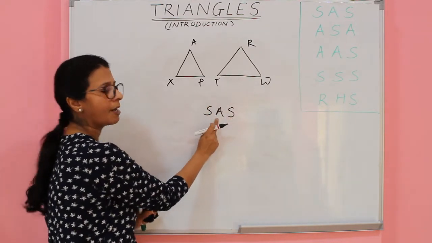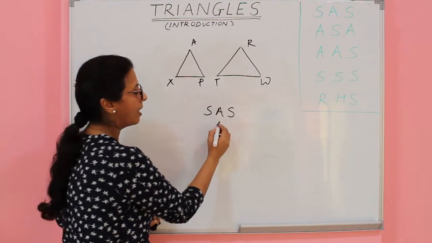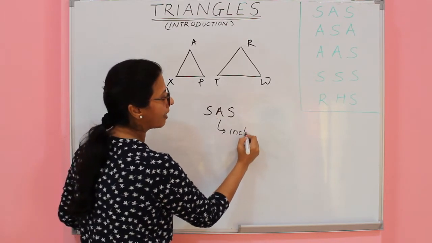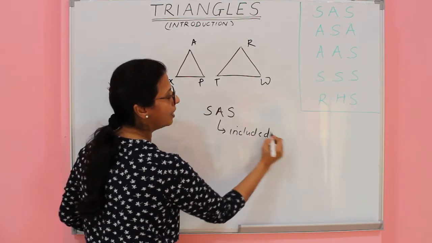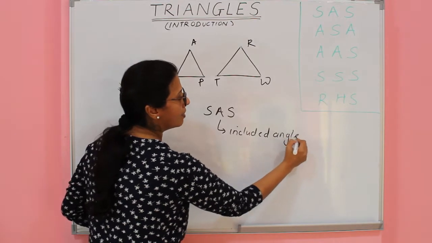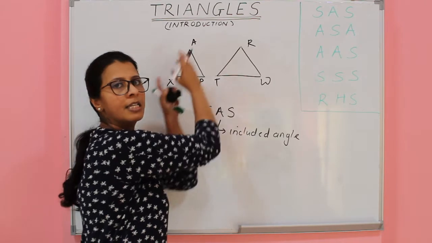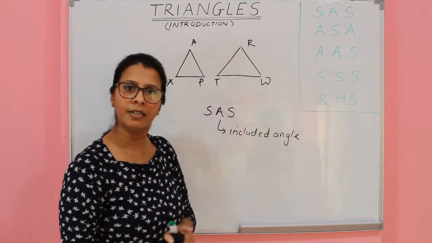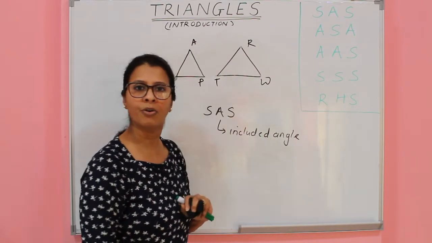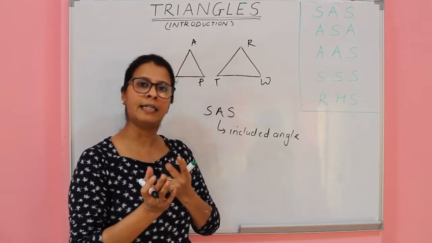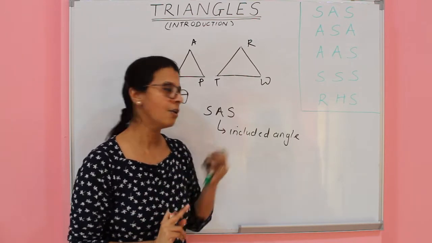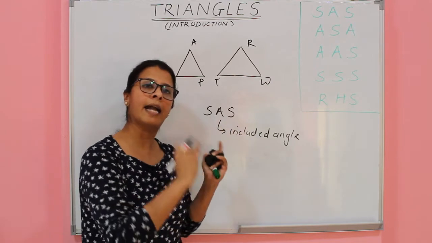When the two sides are making the angle, this angle is called the included angle. The word used is included. So if two sides and the included angle of one triangle are equal to two sides and the included angle of the other, then we say that the two triangles are congruent. We did not prove all the six conditions, all the three angles and all the three sides. Only these two sides and the angle between them.